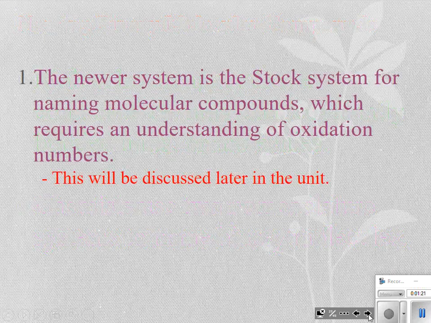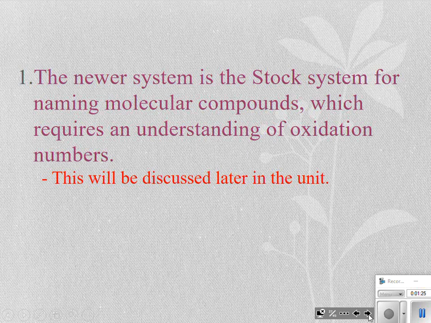We have 2 different systems. One is the newer system, the stock system. You will learn that later on in this chapter. We need to know about oxidation numbers to do the stock system, and we won't do oxidation numbers for a few days. I don't even know if we'll get to it this week.